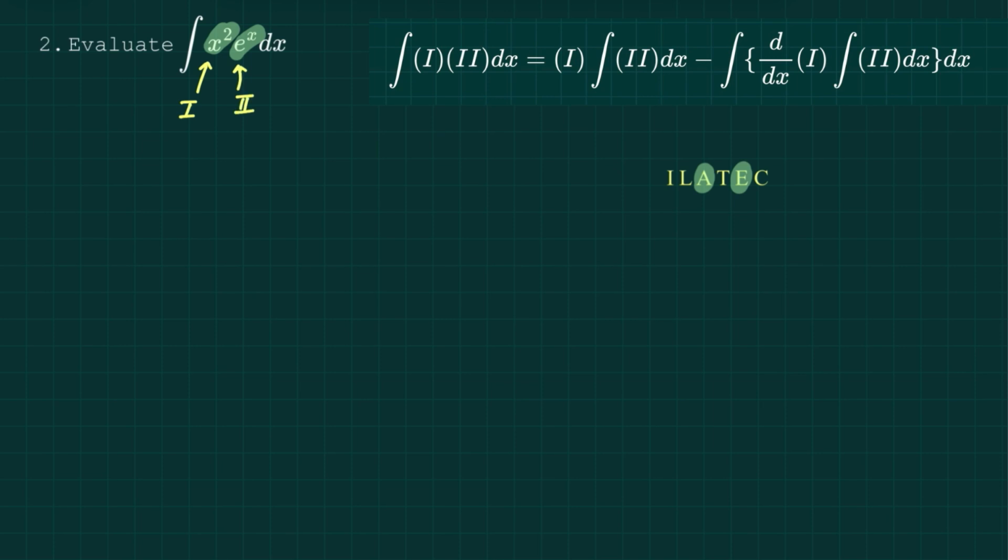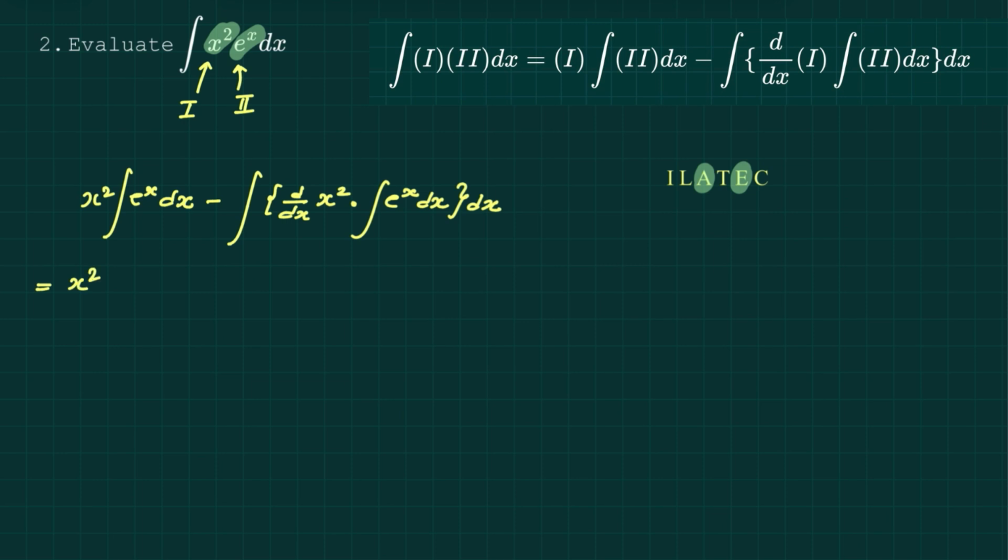So using integration by parts, we will keep first x square and integrate second, minus integration of d/dx of the first function into integration of the second function, dx. This equals x square, integration of e to the power x is e to the power x, minus integration of d/dx of x square, which is 2x, into integration of e to the power x, which is e to the power x, curly bracket close, dx.